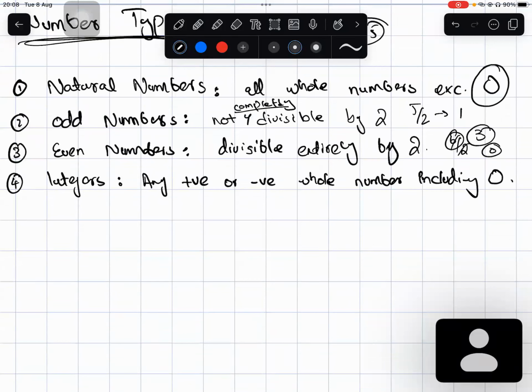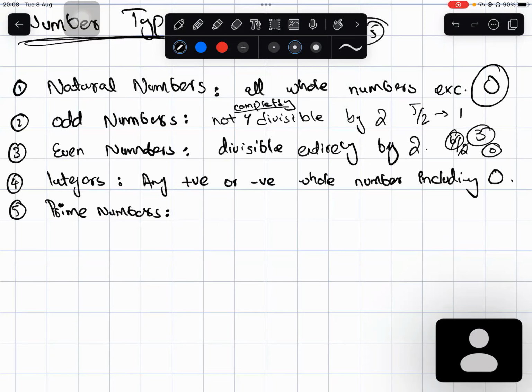Then another important number type is prime numbers. So what sort of idea do you have about prime numbers? What do you think they are? If you don't know, you can just let me know. That's not an issue. Yeah, I don't know the prime numbers. Okay, cool. That's no issue at all.